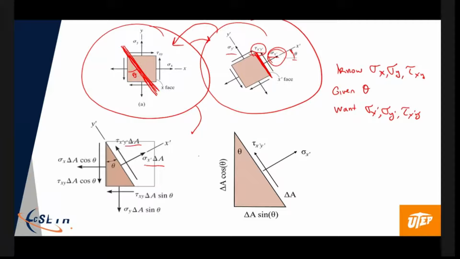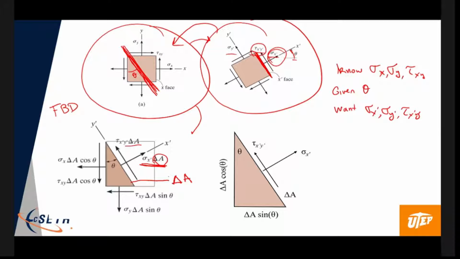So this is a free body diagram. You can see here, I am not writing sigma x prime, but I have the stress component sigma x prime multiplied by the area. So delta A is the area of that face.